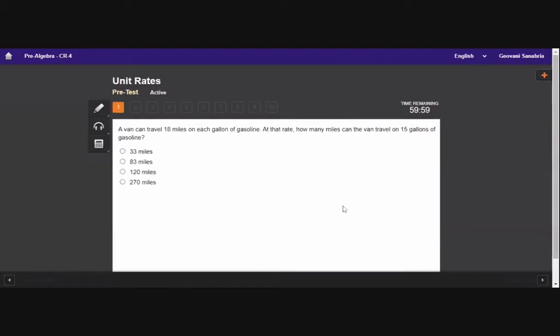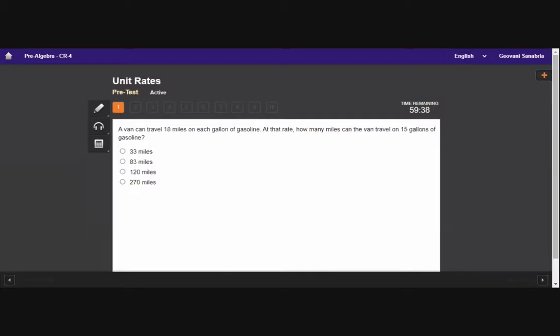All right. A van can travel 18 miles on each gallon of gasoline. At that rate, how many miles can the van travel on 15 gallons of gasoline?